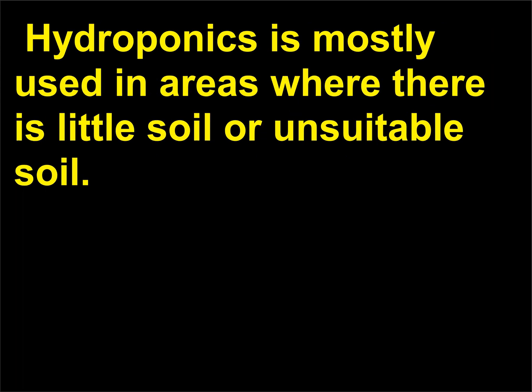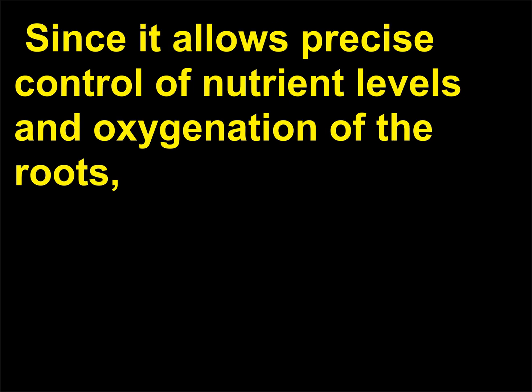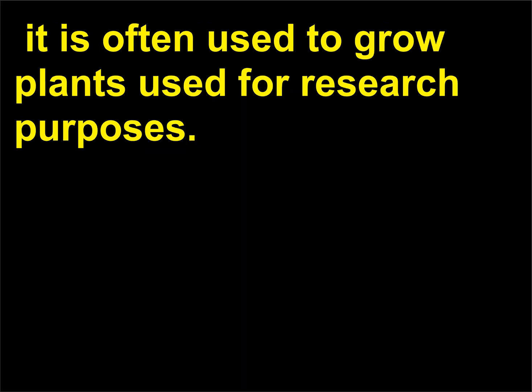Hydroponics is mostly used in areas where there is little soil or unsuitable soil, since it allows precise control of nutrient levels and oxygenation of the roots. It is often used to grow plants used for research purposes.